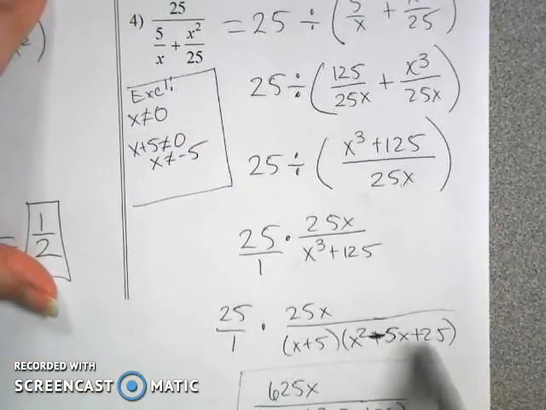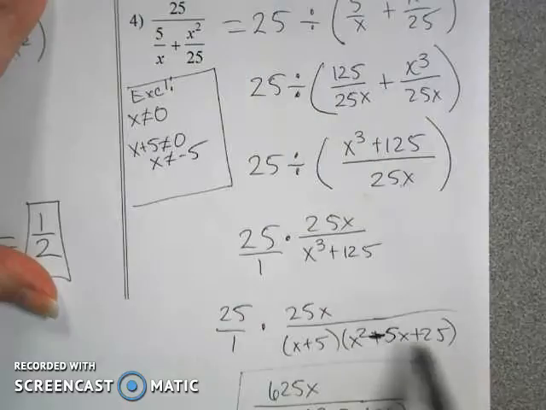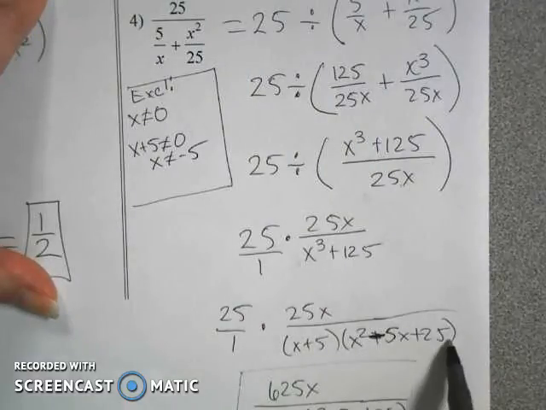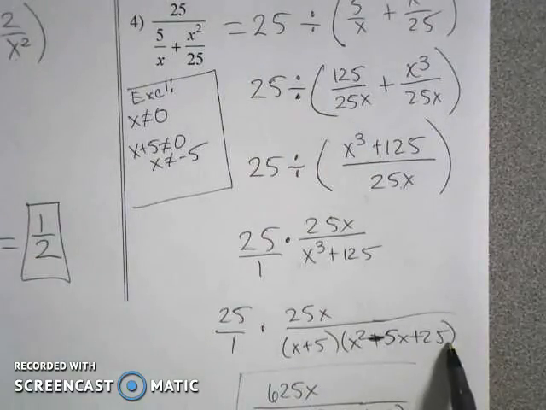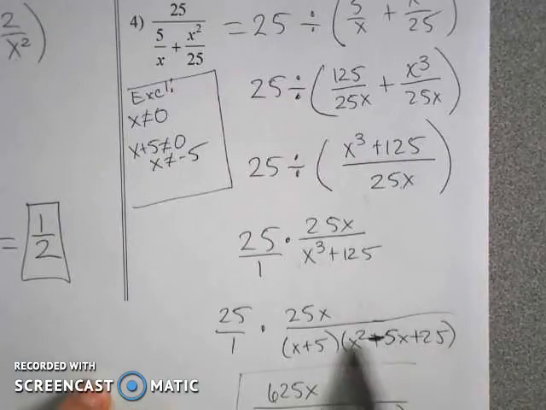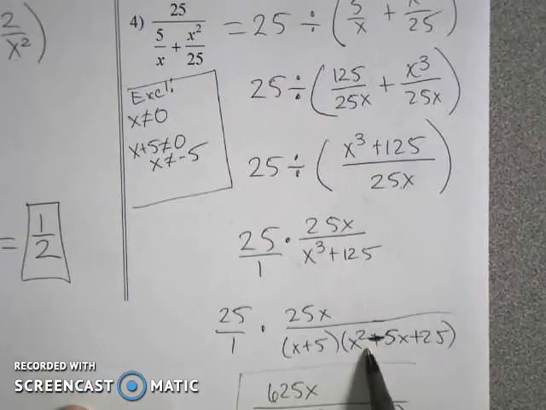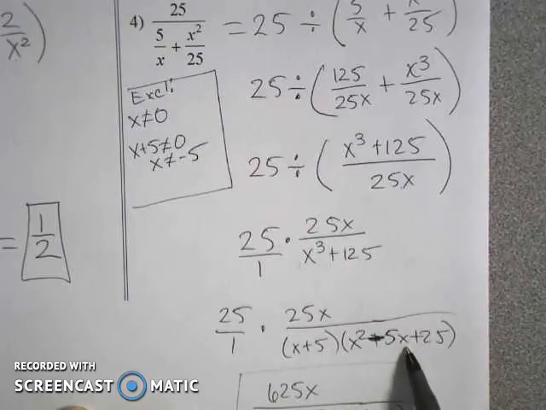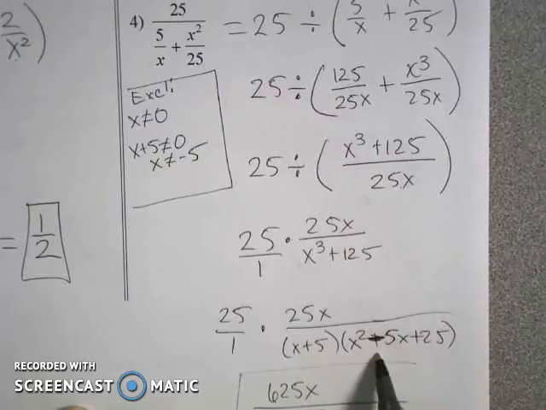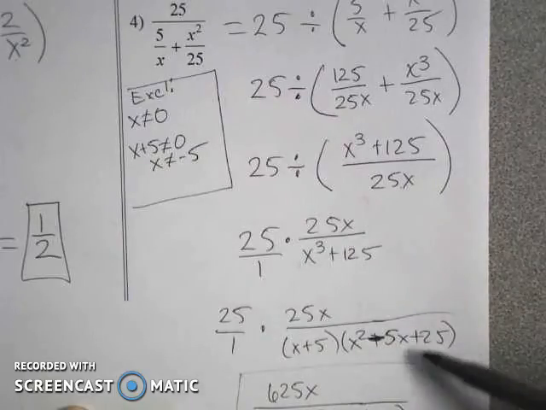And then when I set this next factor not equal to 0, I would get an imaginary solution when I use the quadratic formula. So because that's imaginary, I'm not going to need to worry about it. But always check. If it's another quadratic, in this case I know this is going to turn out to be imaginary, but always check to see if it's going to be imaginary before you state or not state its exclusions.